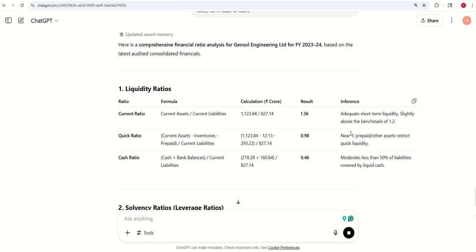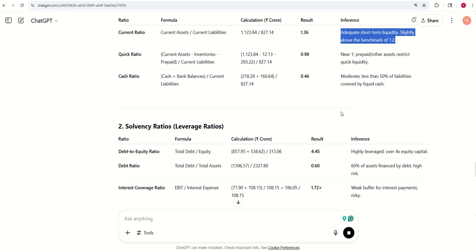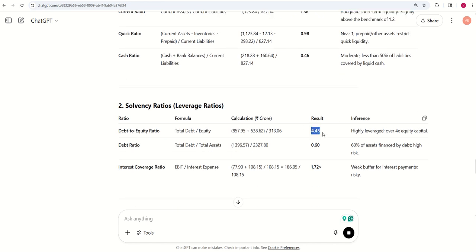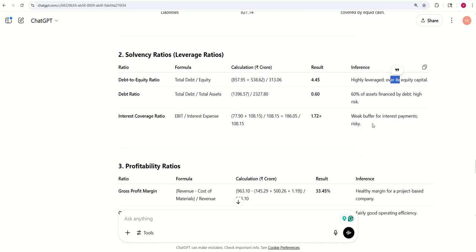For Gensol, I'm sure many of you know what is currently going on and the issues behind the company, so I have purposely picked this company. Okay, short-term liquidity is slightly above the benchmark of 1.2. Then solvency ratios: debt to equity is highly leveraged, meaning the loan is 4 times the equity base. Then interest payment: weak buffer for interest payments and risky.